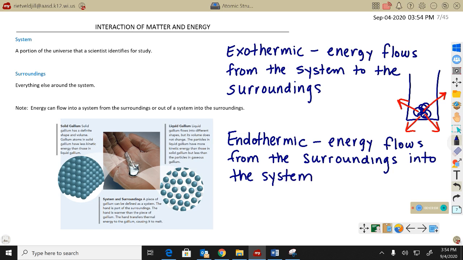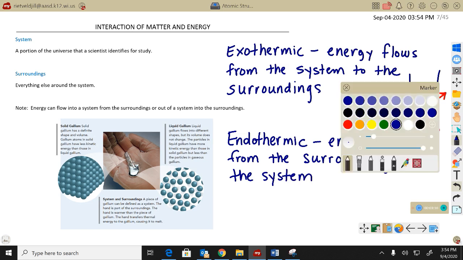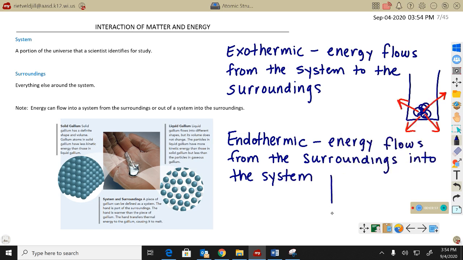So if I think about my beaker example, I'll make a blue beaker again. So here's my beaker, and I've got some chemicals in the beaker and there's a reaction occurring, but it's an endothermic change. So endothermic would mean that the system, these chemicals, are absorbing energy from the surroundings.